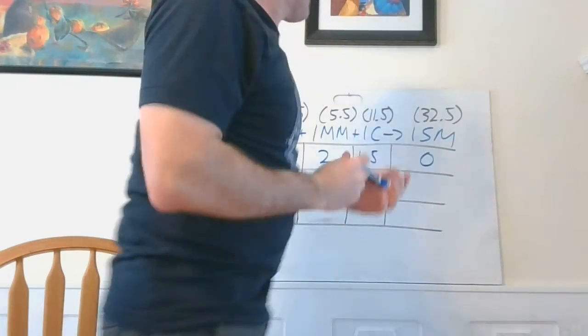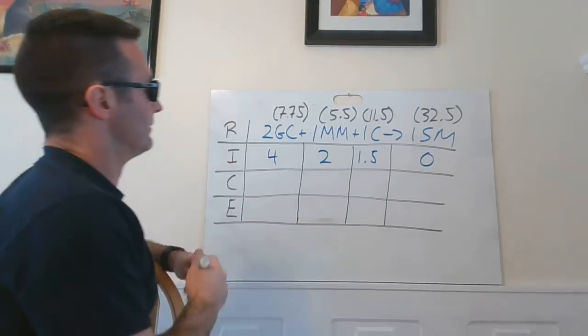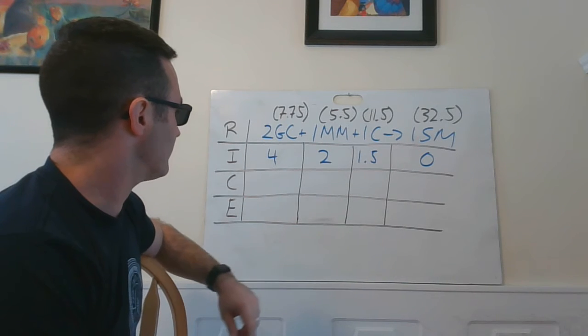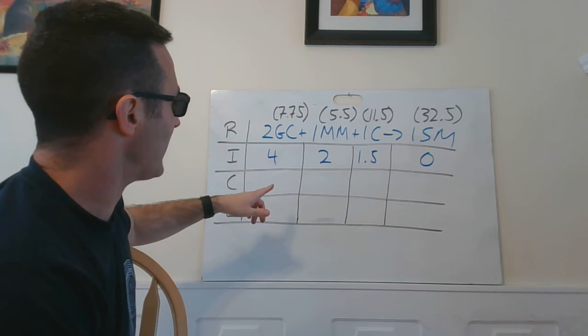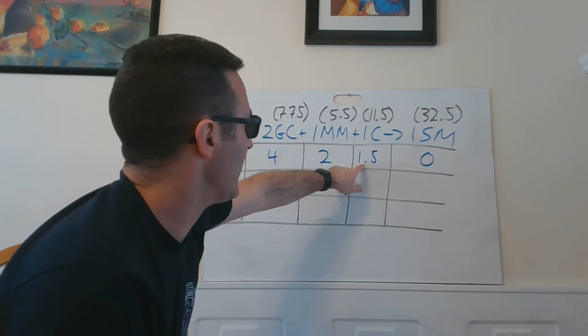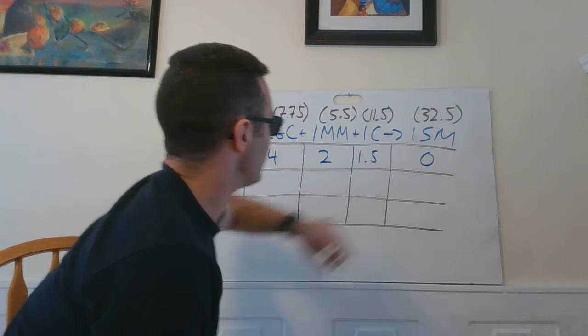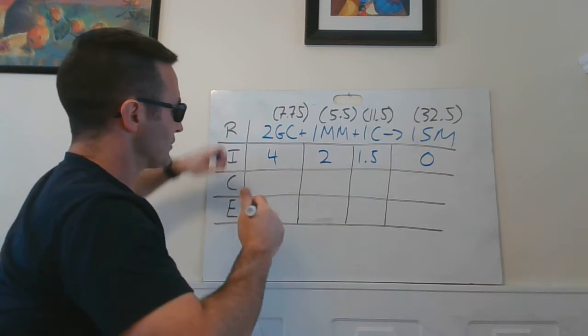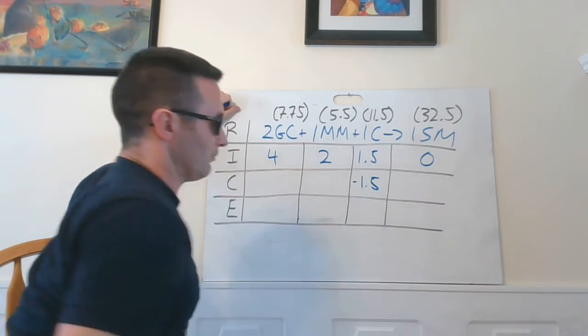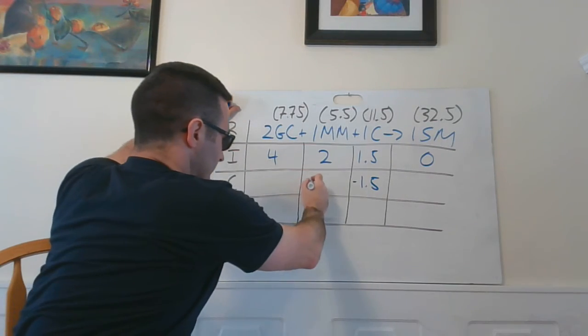Okay, so this is what you start off with. And remember, with your rice table, you have to be in moles. So I have 4 moles of graham cracker, 2 moles of marshmallow, 1.5 moles of chocolate, and I don't have any s'mores. When this reaction runs, I'm going to lose all my chocolate.